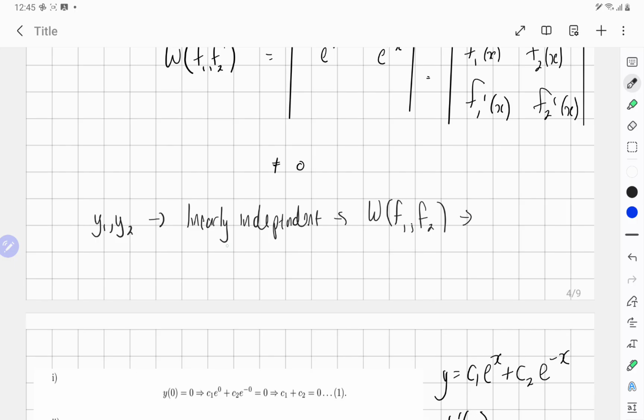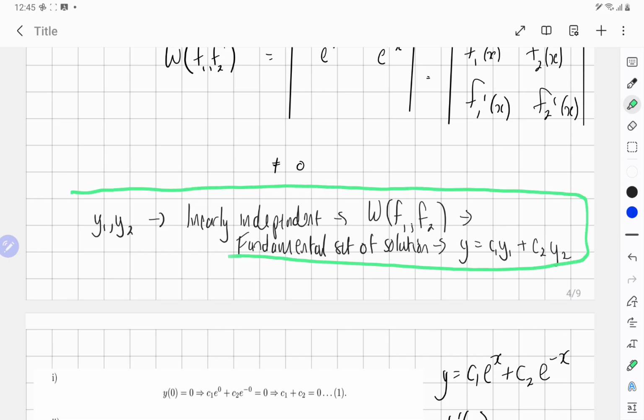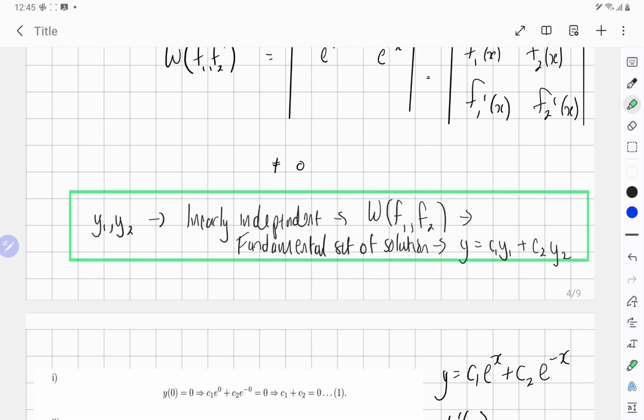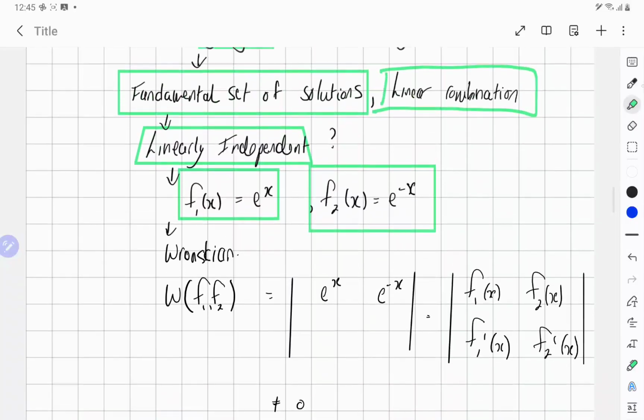If they are linearly independent, they are a fundamental set of solutions for our differential equation. Hence, the general solution of our homogeneous differential equation will be a linear combination of the two solutions. So this is extremely important for the section we're doing.